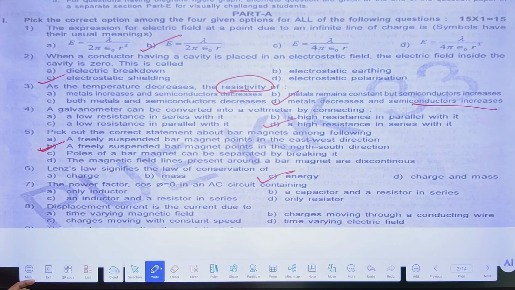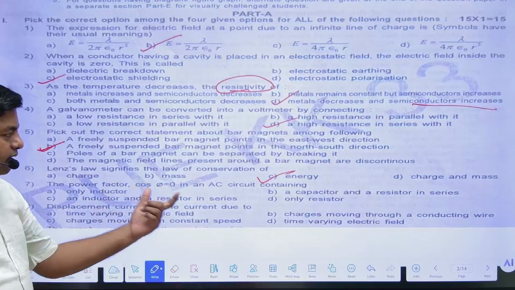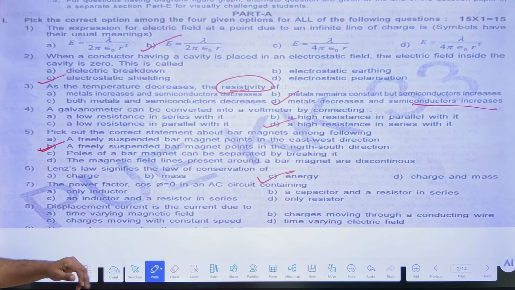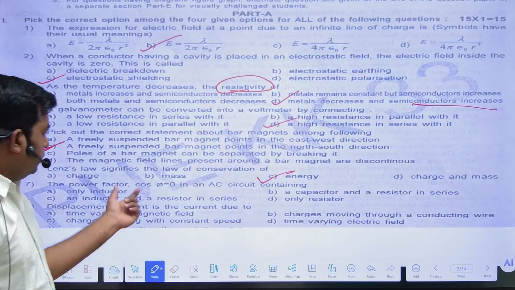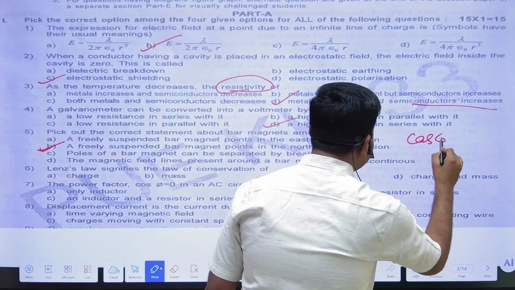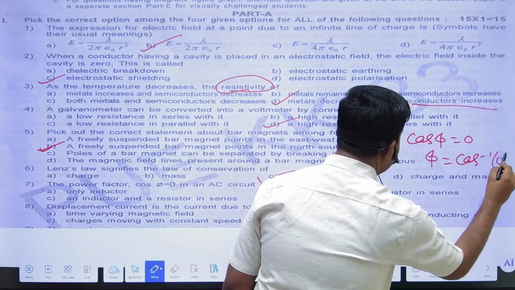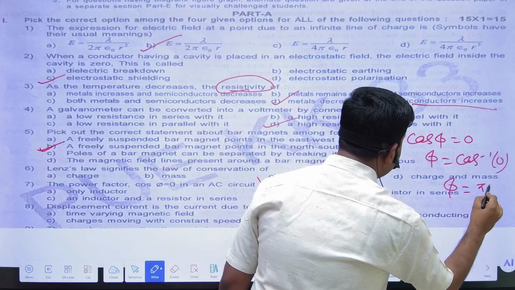The power factor cos φ is equal to 0 in an AC circuit containing only inductor, capacitor, or resistor. So cos φ is equal to 0, that is, φ is equal to cos inverse of 0, and it is 0 when φ equals π by 2.